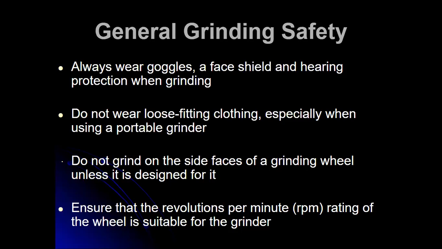Then you're going to put it on a grinder. The RPM rating on that tool should be lower than the one on the disc. Because if it's the opposite way, that grinder is going to spin that disc too fast, and that could cause a catastrophic failure in the form of an explosion. And we do not want that. So you always want the rating of the disc or stone you're using to be higher than what your grinder can put out.